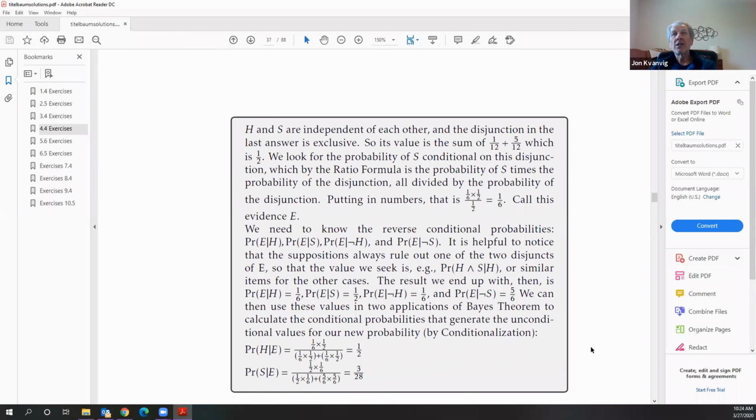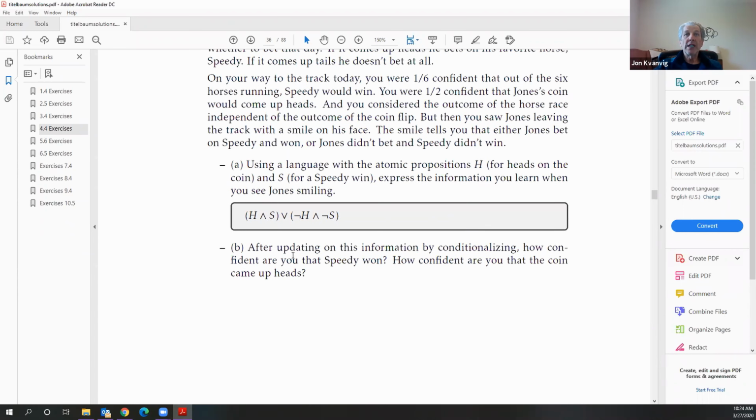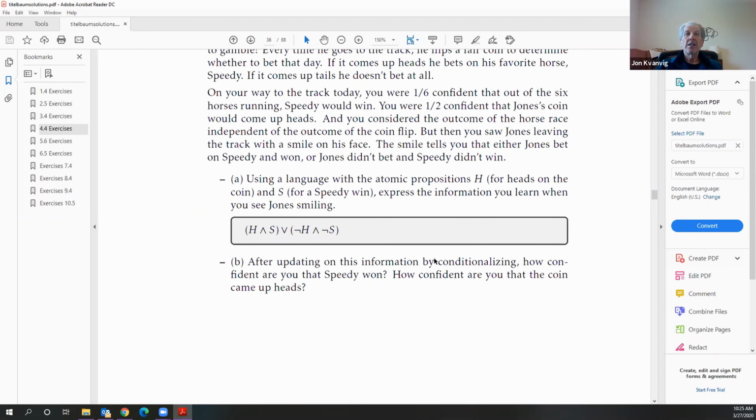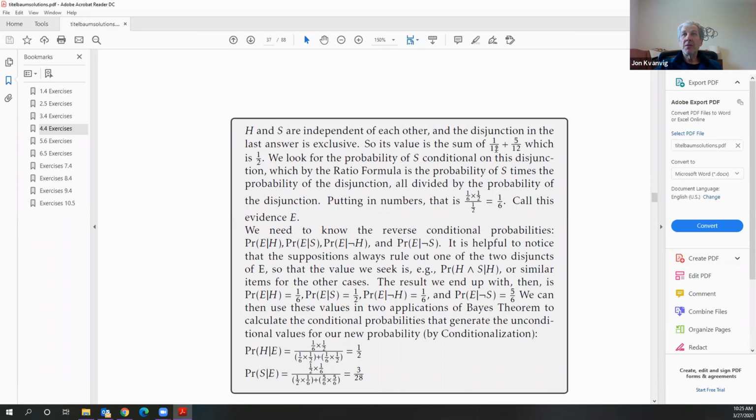Now, H and S are independent of each other, and the disjunction in the last answer is exclusive. The disjunction between H and S or not H and not S. So its value is the sum of 1 over 12 plus 5 over 12, which is 1/2.